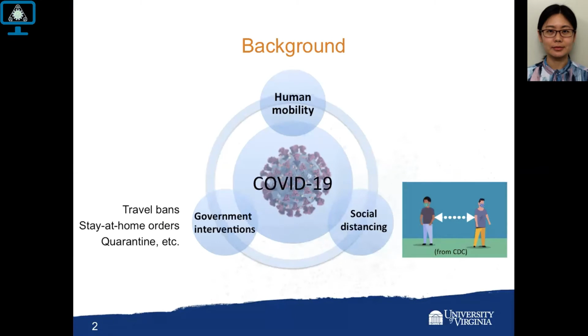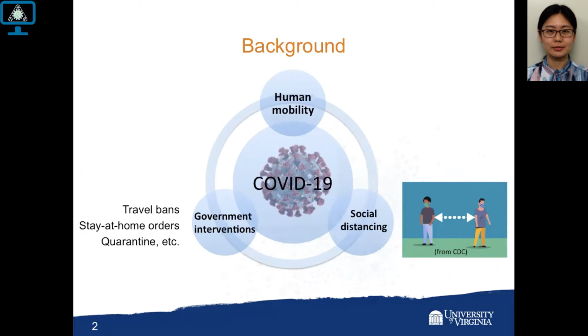It's the most acute public health emergency since the 1918 influenza pandemic. And it has already infected almost 9 million people and resulted in about 500,000 deaths across the globe. Currently, pharmaceutical interventions are not generally available, so countries around the world have to rely on behavioral interventions that involve some form of social distancing.